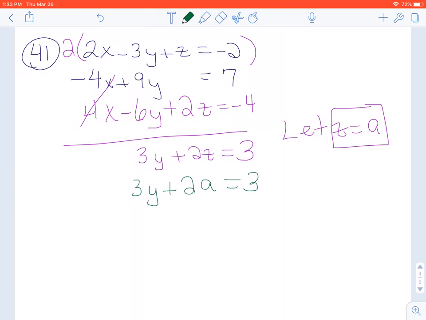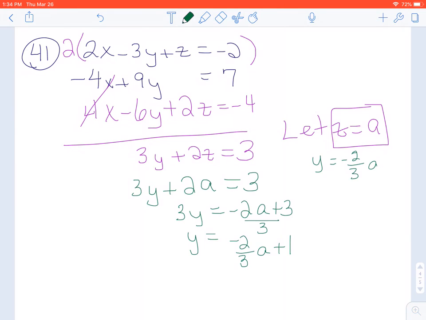Replacing z with a, and then when we divide by 3, we end up with negative 2/3 a, and then plus 1. So now y is negative 2/3 a plus 1. There's my second variable.